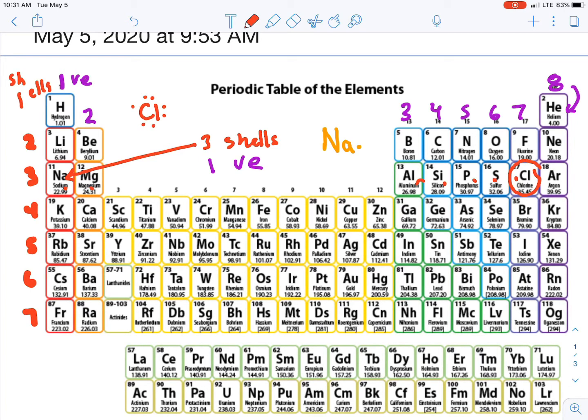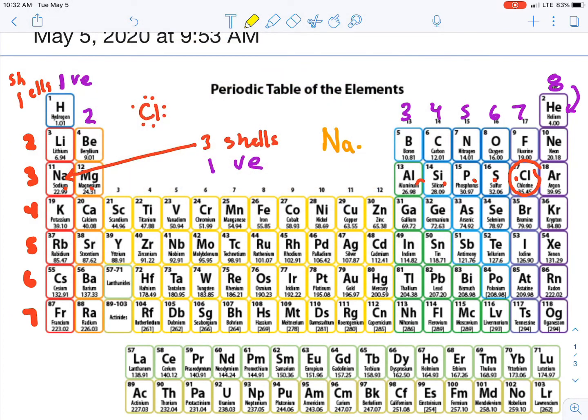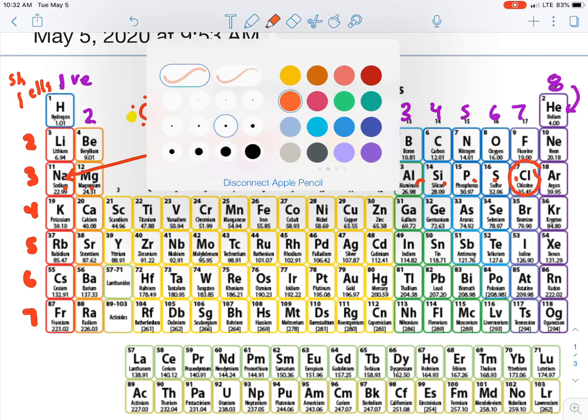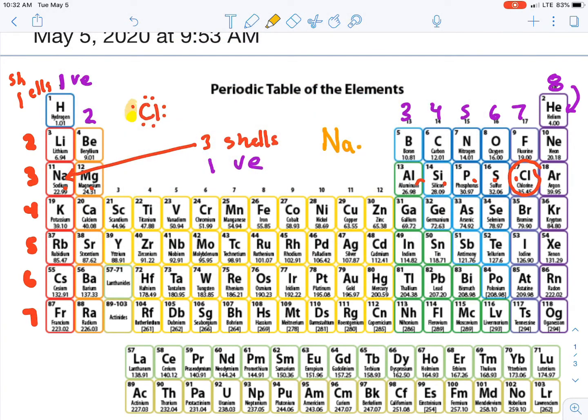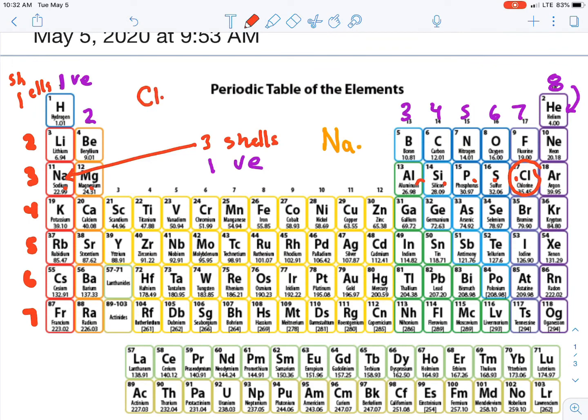It doesn't matter where the dots go. The only thing that really matters is you put 1 on each side before you start pairing them up. When we get done, we notice that we have 1 dot without a partner. Let's try that again. 1 on each side, then I start to double.